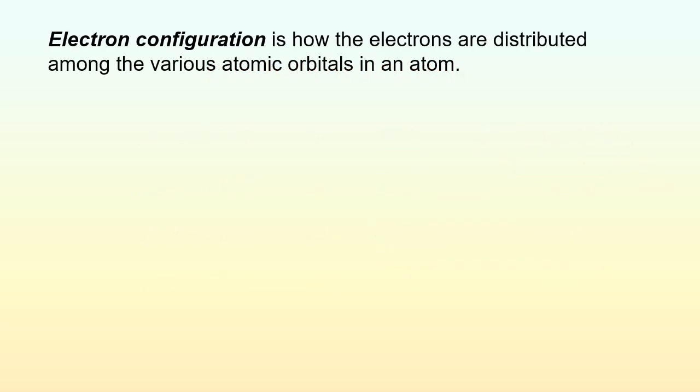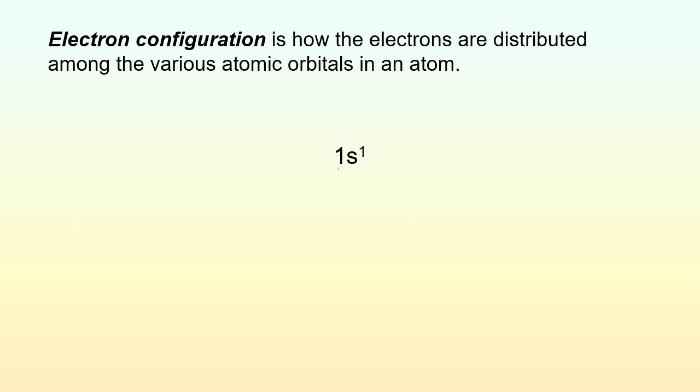So let's start today's topic, electronic configuration. Basically, electronic configuration is how the electrons are distributed among the various atomic orbitals in any atom. We write electronic configuration with numbers and letters.